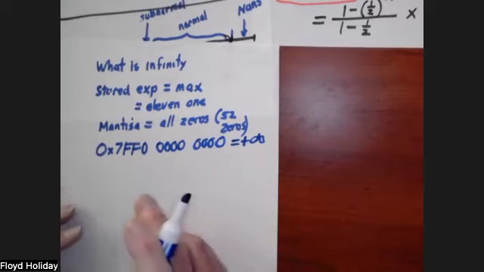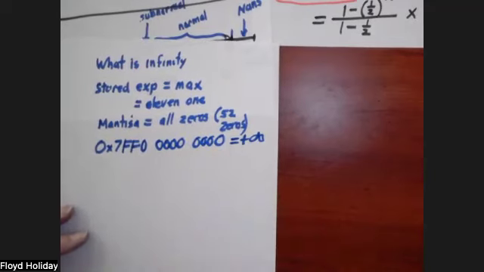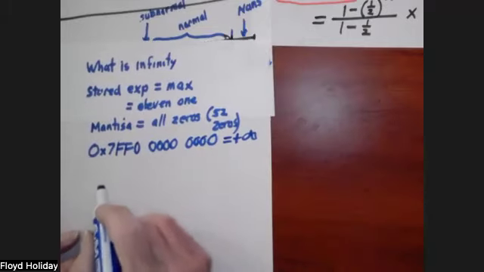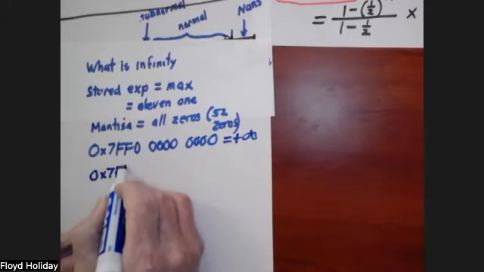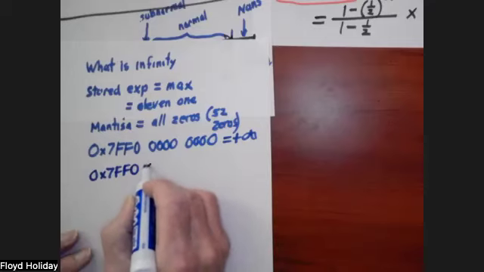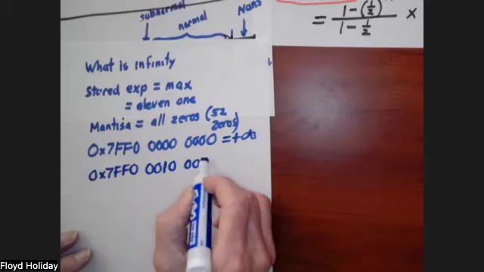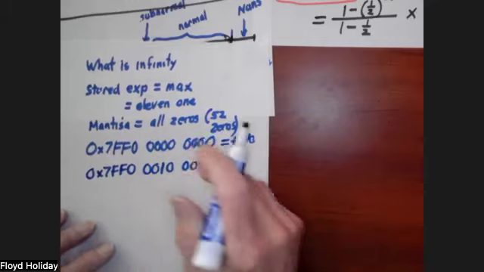Okay. Now, if any one of these zeros just changes one bit, then it's not infinity, but it's in that group of nans. You know what? I don't have enough zeros.